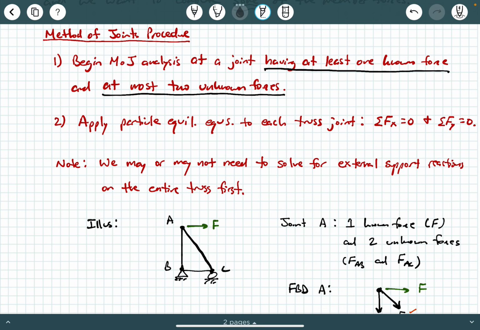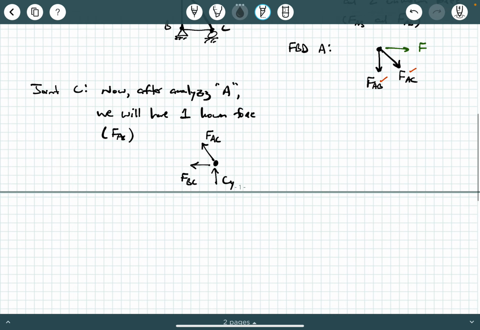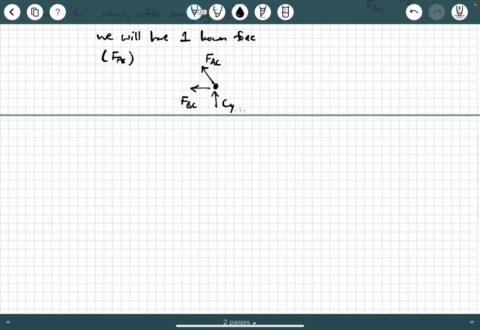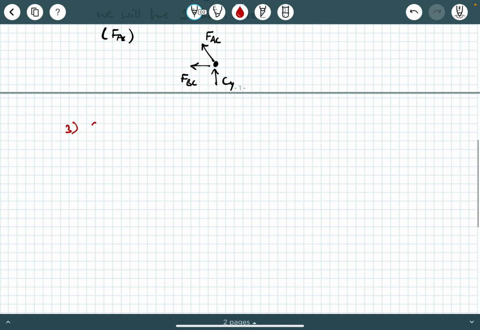Now, let's talk about sign convention, okay? And again, we're still under the procedure here. We're going to call this bullet point number 3, the sign convention.